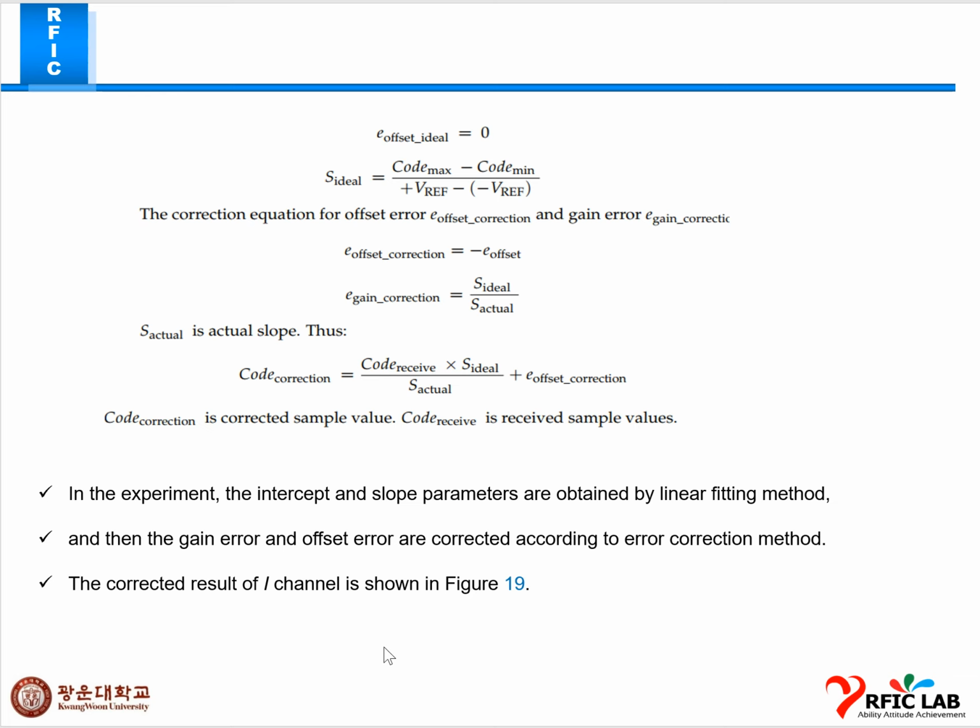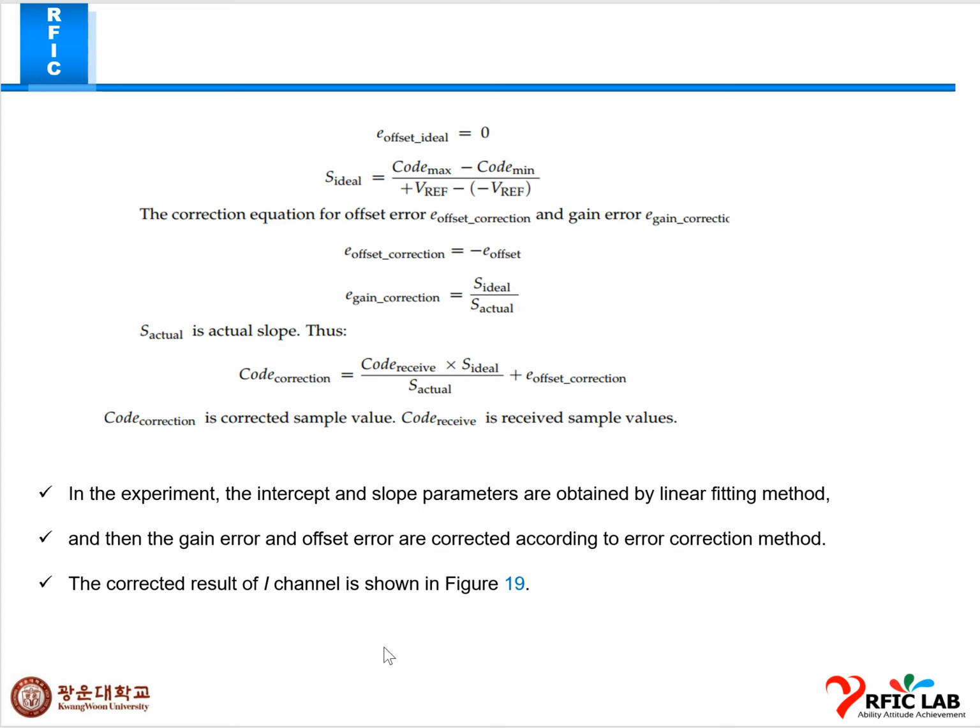And then comes this equation for calculating S ideal, that is code max value minus code min, over the positive reference minus negative reference.